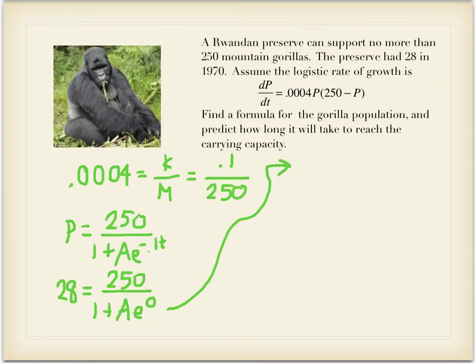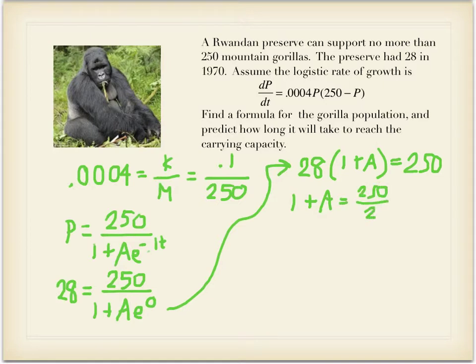So if I rearrange things a little bit, I'll get that 28 times 1 plus A is equal to 250. I can divide both sides by 28 right away, and so then I'll get 1 plus A equals 250 over 28, and eventually A is going to be about 7.9, rounding it for the sake of our videos here.